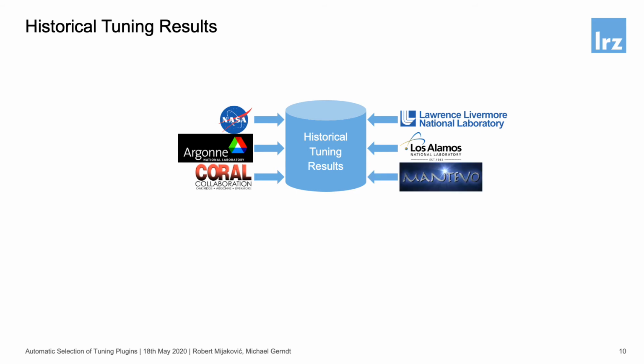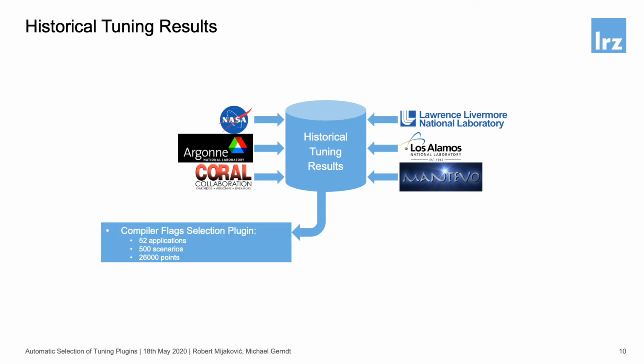The data was collected while tuning the benchmarks with PTF on 500 randomly selected scenarios from 2 plugins executed on SuperMUC, a supercomputer at LRZ. The data was collected for more than 2 months. The 2 plugins are the Compiler Flags Selection plugin and the MPI Parameters plugin.